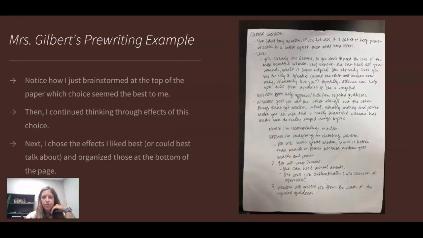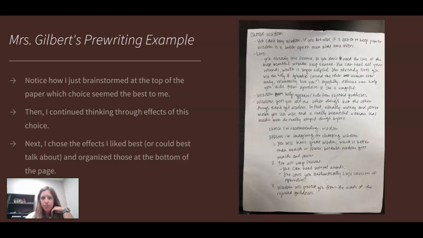So I have put here on the right my own pre-writing. So as I was thinking through, this is my page over Athena, right? And what does he get if he chooses wisdom? Well, he gets wealth and power anyway, which is what Hera is promising him, because wisdom leads to those things, or can lead to those things.